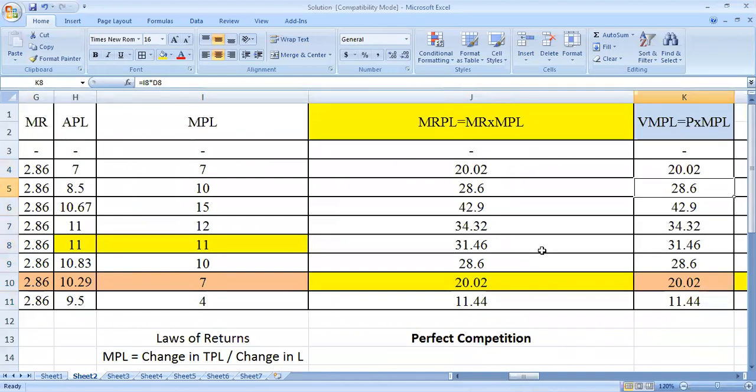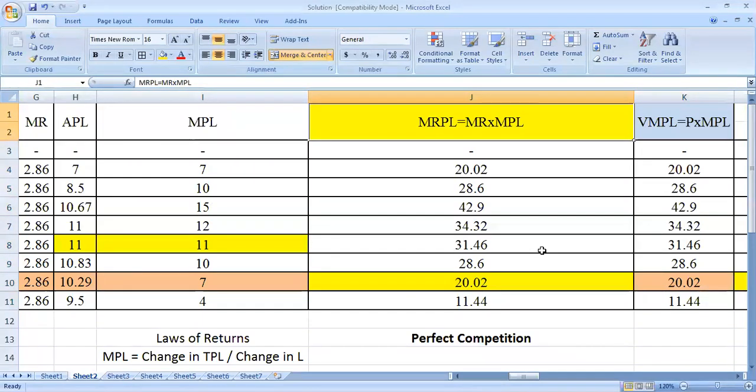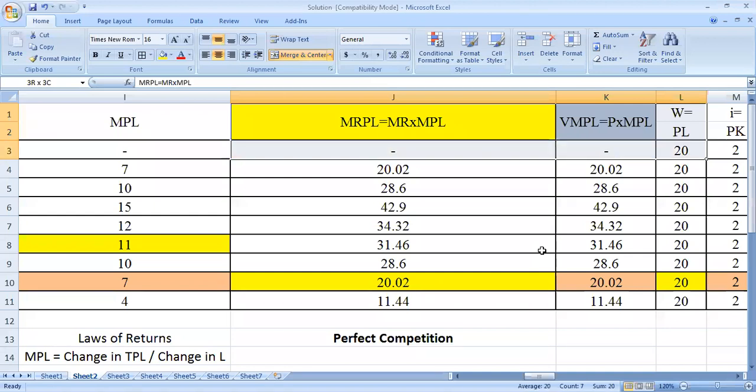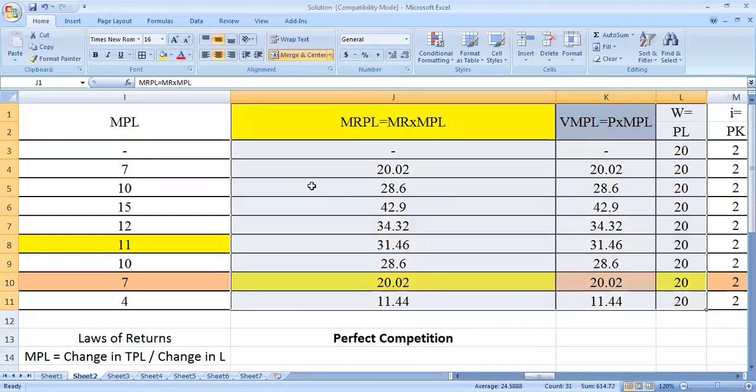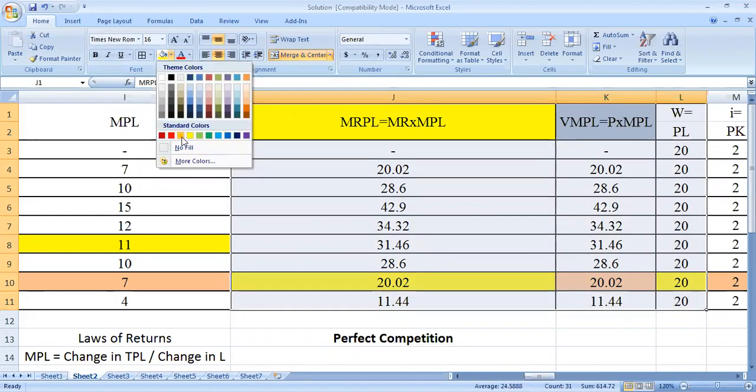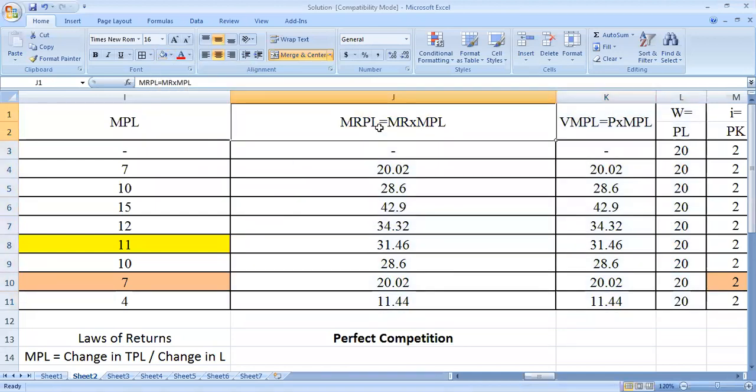Now let's move towards the next column, which is MRPL. How do we obtain MRPL? MRPL represents marginal revenue product of labor.